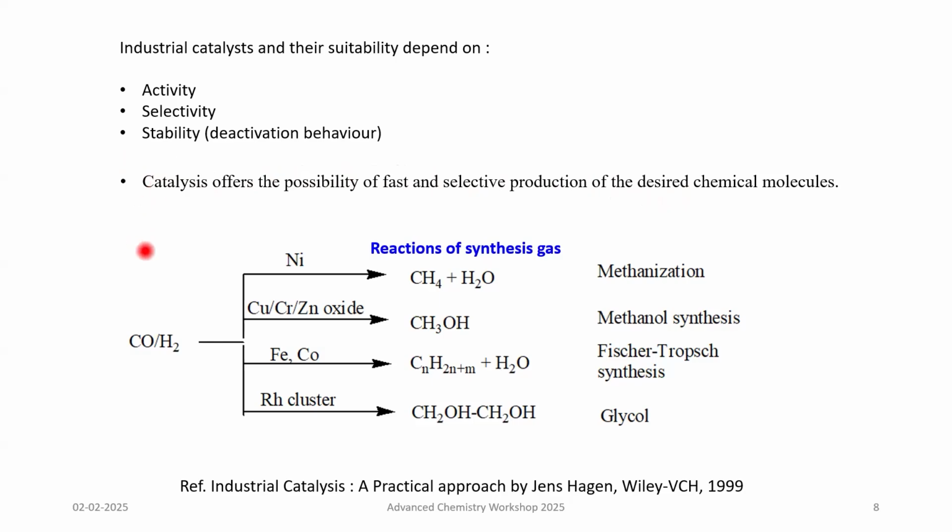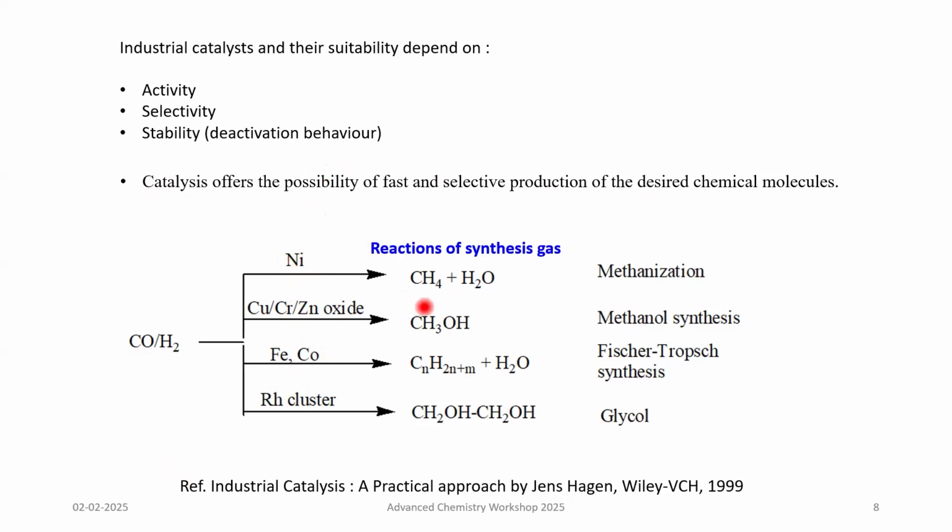Now, I have given an example here, reactions of synthesis gas. Synthesis gas, you know, is carbon monoxide and H2 in a certain proportion, very important, carbon monoxide, not carbon dioxide. Take this as a reactant and use a variety of catalysts here.